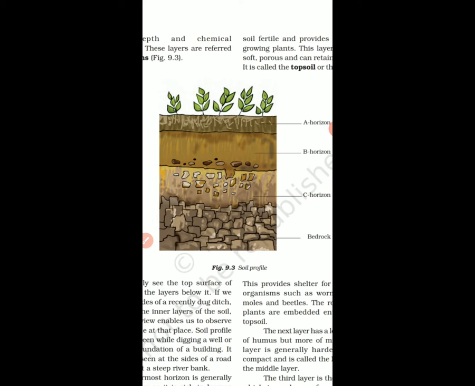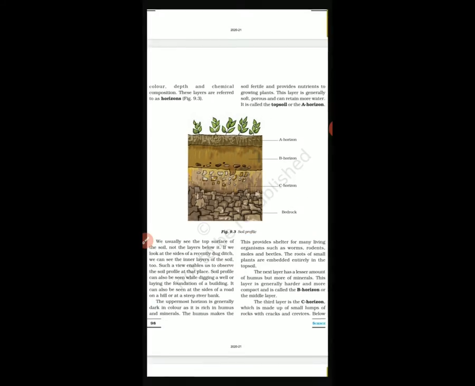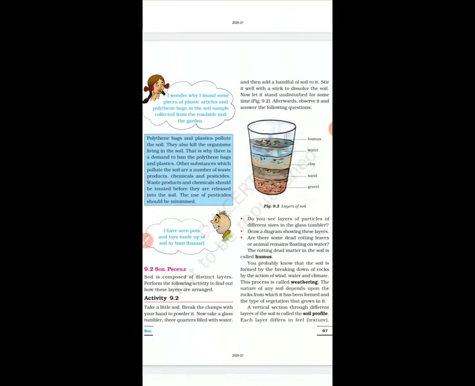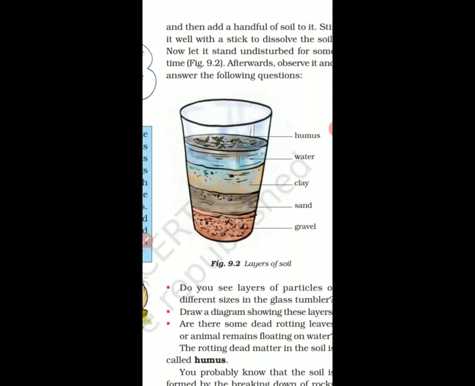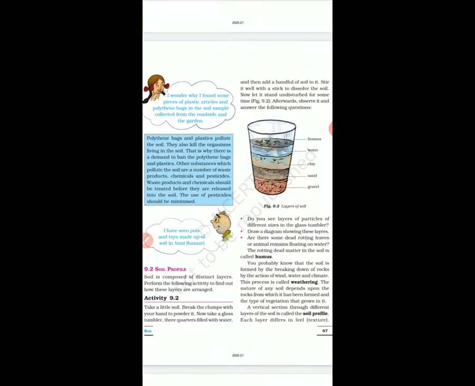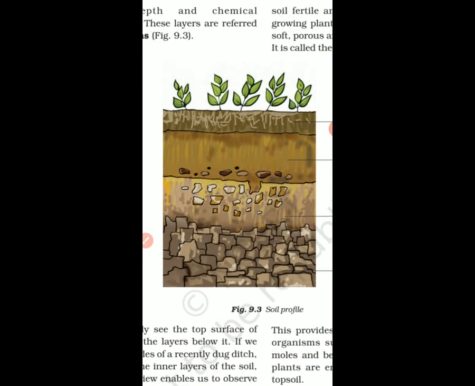Draw the labeled diagram of a soil profile or the layers of soil. For layers of soil, you can draw the diagram which is given in the previous page. Here it is. This is the layers of soil, and this is the soil profile with the different horizons.